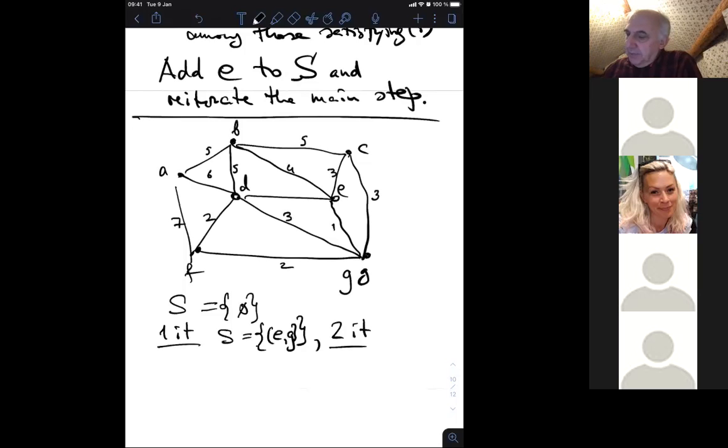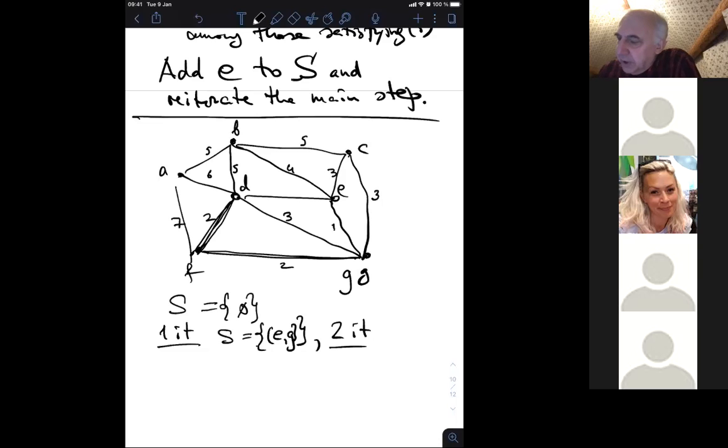So in principle, I have two choices here: the edges FG and DF. They both have weight 2, but I have to add them one at a time, not to create cycles. But we'll see, say, if I'll be adding first DE. Now, let's see.